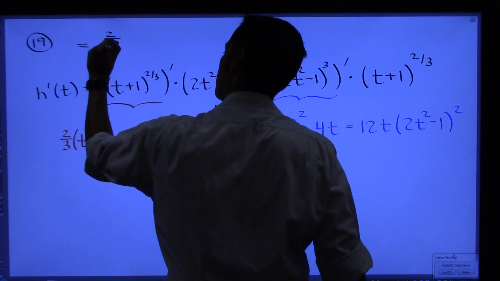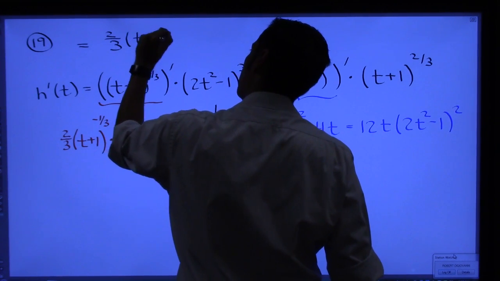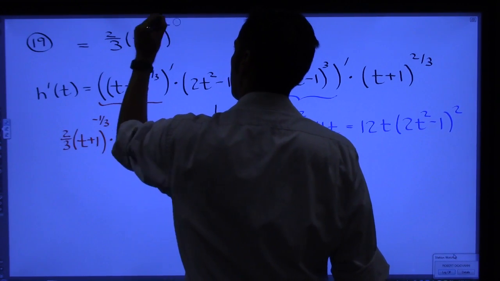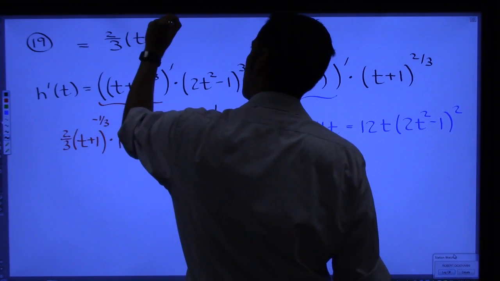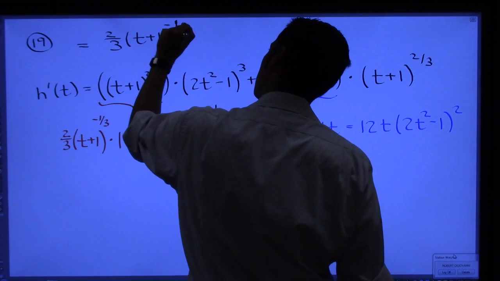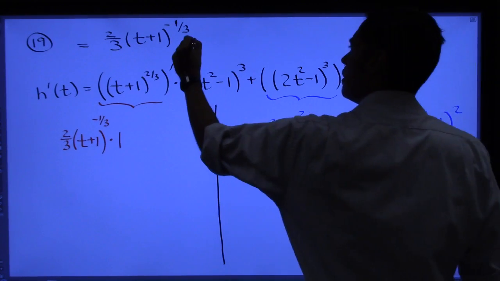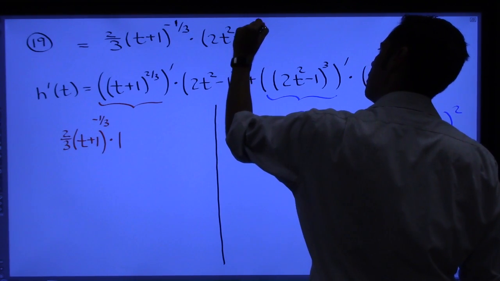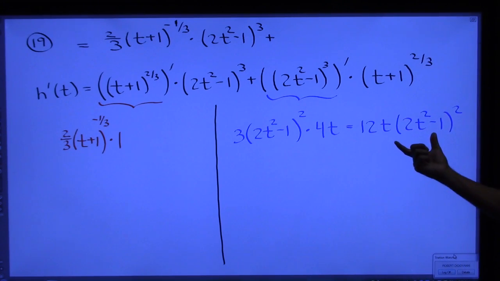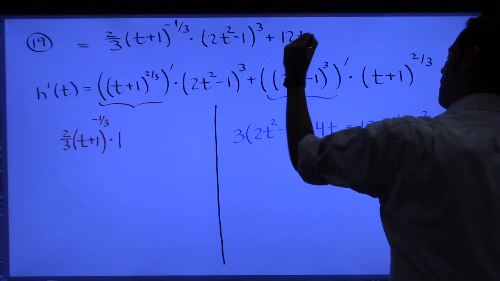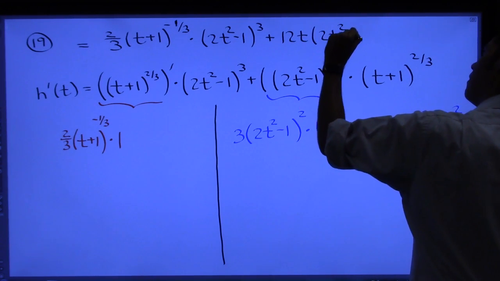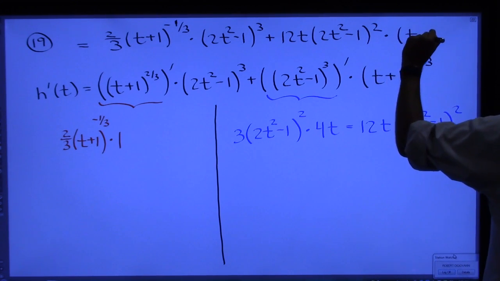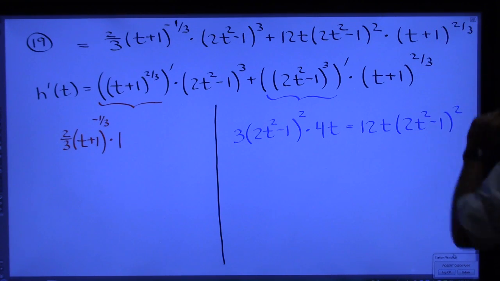So 2/3 (t plus 1) to the negative 1/3, oops, looks terrible, times this piece, untouched, (2t squared minus 1) cubed, plus the derivative of this, which we found was 12t times (2t squared minus 1) squared, but then times this one, which is (t plus 1) to the 2/3.